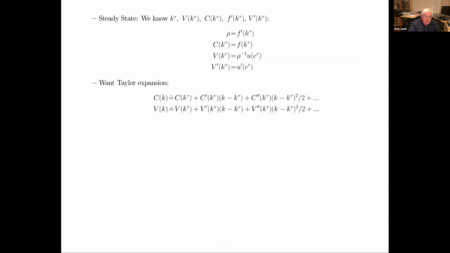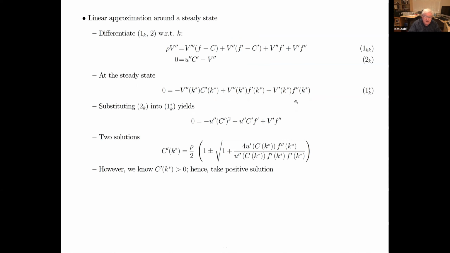Now, how do we deal with this? We want to do a linear approximation around the steady state. So we take derivatives of that system and compute them at the steady state. What we end up with is a quadratic equation for the unknown slope of the consumption policy function. There are two solutions. Why?